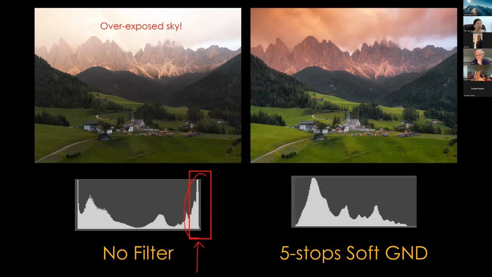So this part here cannot be recovered even in Photoshop because it's clipping. Okay, there's no more information here. So with the use of the soft GND, the graduated neutral density filter, we're able to push those clipping information back to the midtone. Okay, resulting in a well exposed and pleasing looking image.